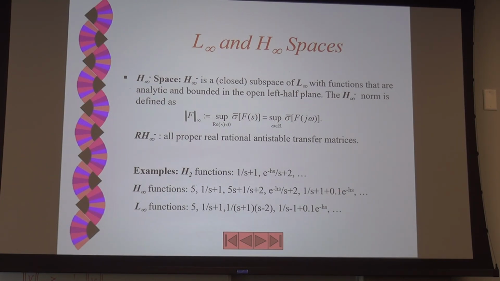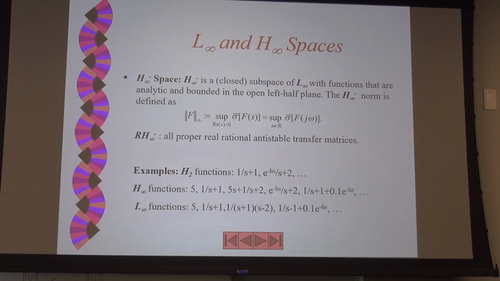This is a delay. Because of the delay, the magnitude is always bounded. So the magnitude of delay is always 1. Okay. So e to the power of j omega has magnitude 1. So it's not going to cause a big issue here.